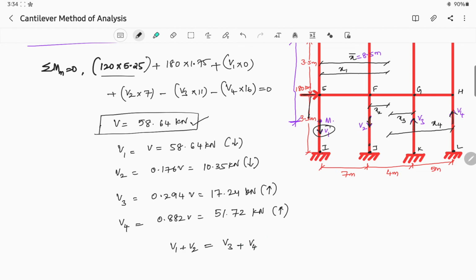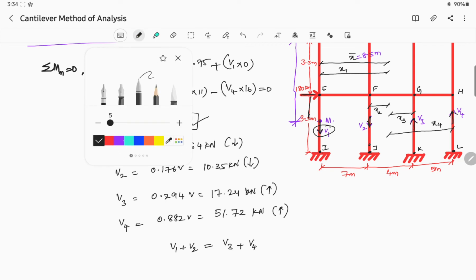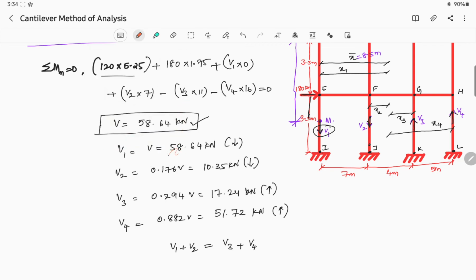To verify this, if you add V1, that is 58.64, plus 10.35, the two downward forces and the two upward forces should be equal. Okay, both the values should be the same.